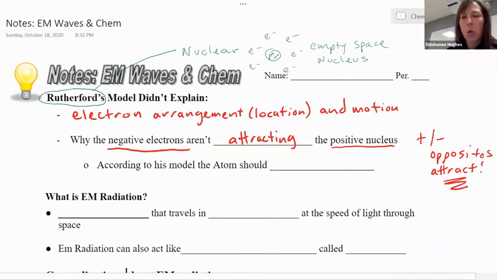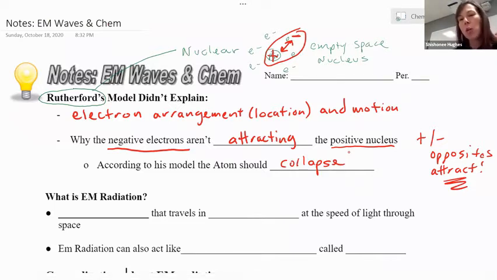So according to his model of the atom, if I have positive here and I have negative here, those two should attract to one another, and that would pull them in together, and the atom should collapse. But it doesn't. Obviously, our atoms right now are not collapsing. And there is a positive nucleus and a negative outside. So then the question becomes, why? What's going on? All right. So Rutherford didn't explain a lot.